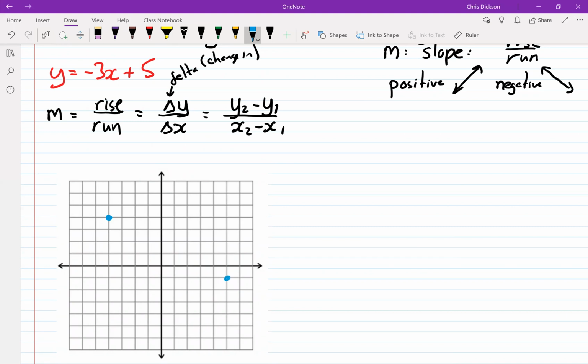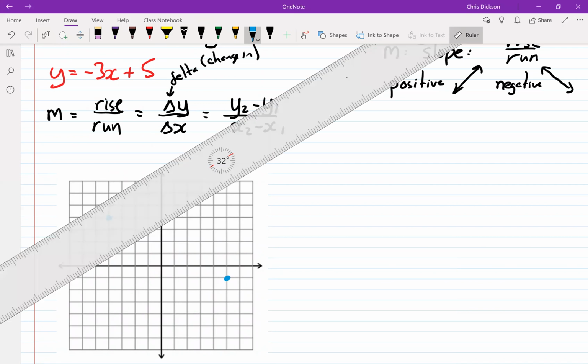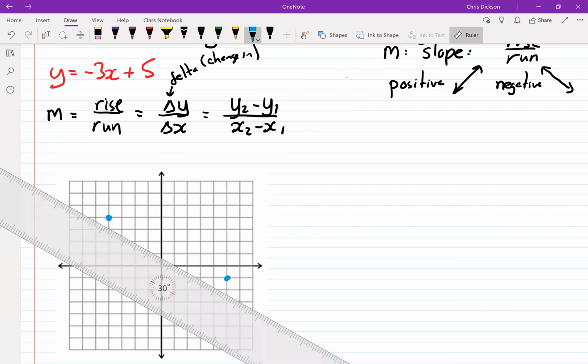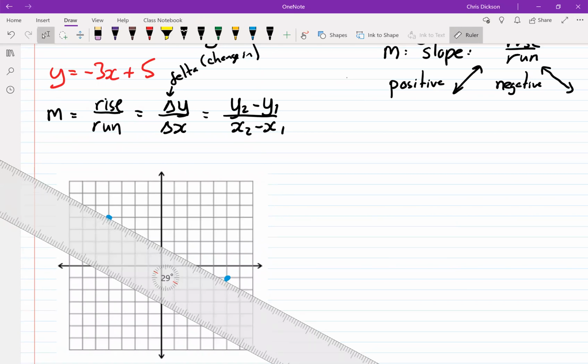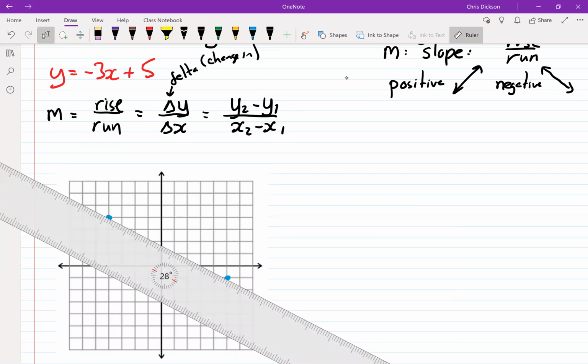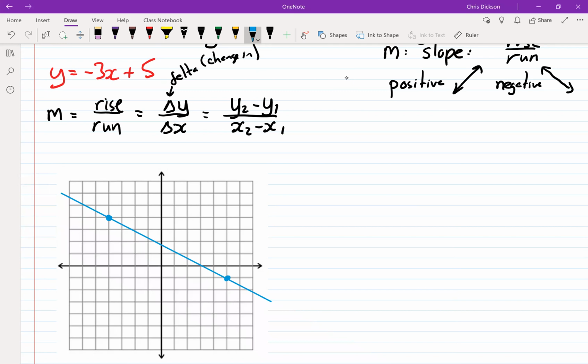And we're going to draw a line through these points. Okay, now there's a couple ways to do this, but I'm going to show you how to use the slope formula to figure this out here.